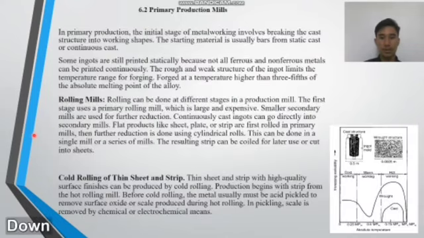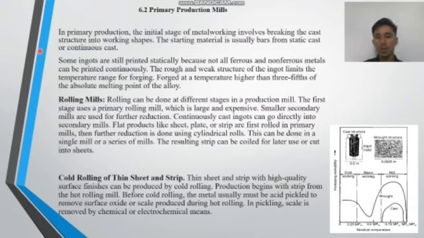Next, 6.2 Primary production mills. In primary production, the initial stage of metalworking involves bringing the cast structure into working shapes. The starting material is usually ingots from static cast or continuous cast.